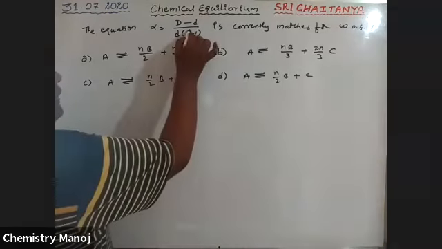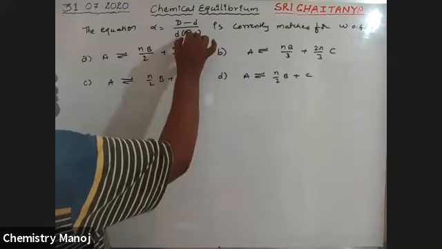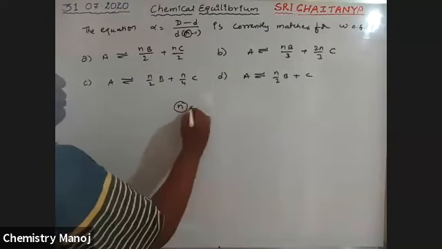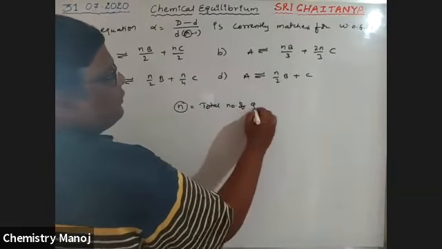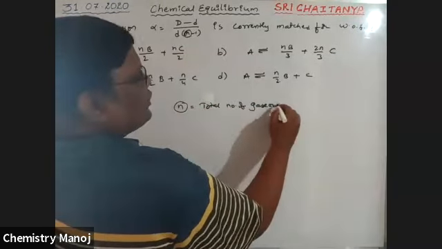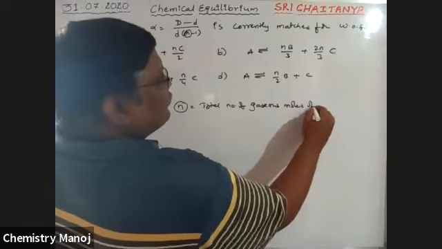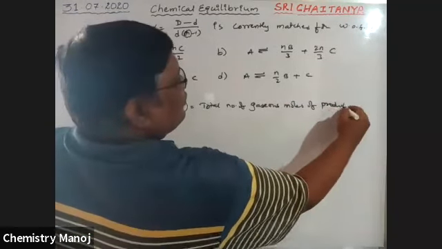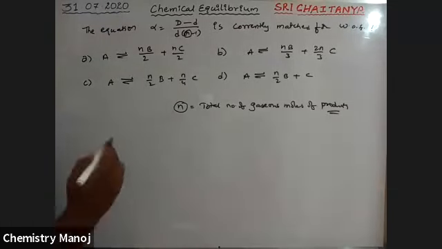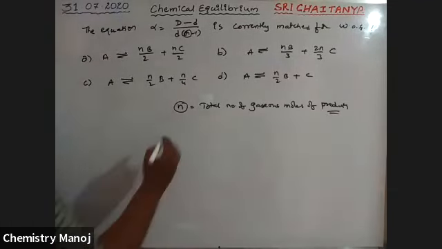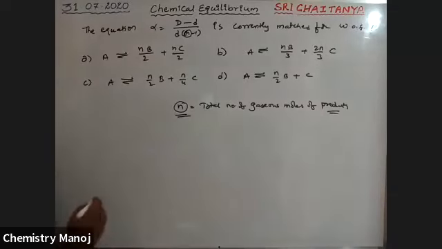In this formula, n is the total number of gaseous moles of products. It is applicable for products. So in which case the total number of moles of the gaseous products is equal to n, only then the equation is applicable.